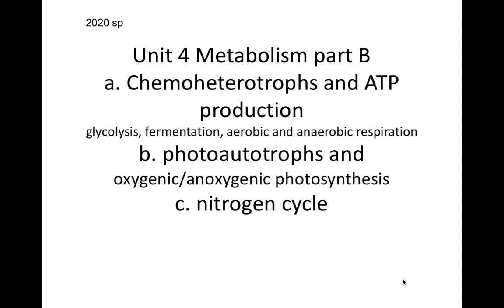So the processes we'll be describing, beginning with the most primitive way of making ATP, is glycolysis, then we'll describe fermentation, and then progress to aerobic and anaerobic respiration. We'll do just a little bit of discussion on photoautotrophs and oxygenic photosynthesis, and then we'll finish with a look at the nitrogen cycle and how microbes are involved in the nitrogen cycle.